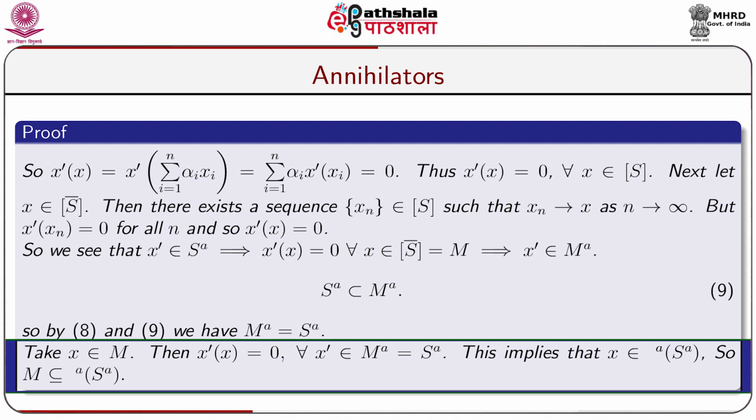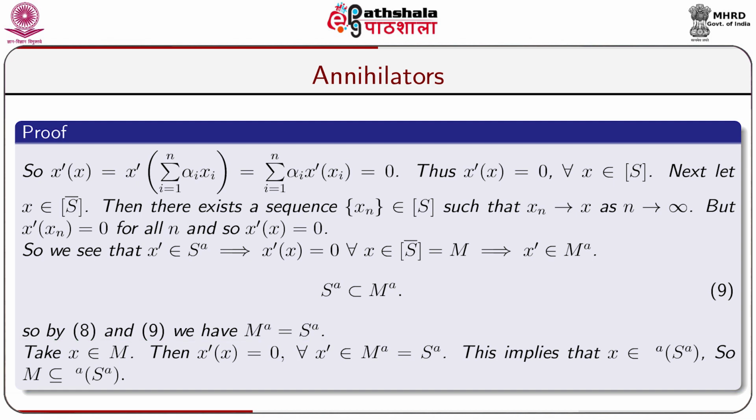Take x belonging to M, then x'(x) equals 0 for all x' belonging to MA, which is equal to SA. This implies that x belongs to the annihilator of SA. So M is a subset of the annihilator of SA.